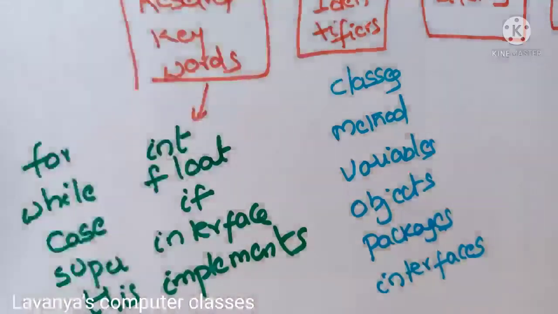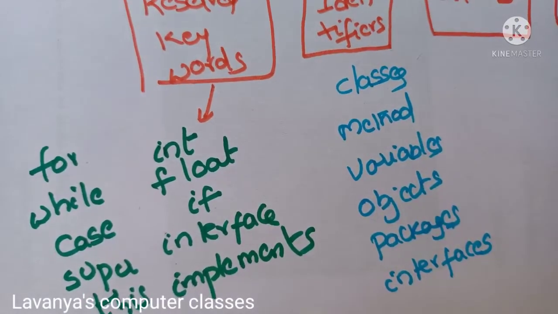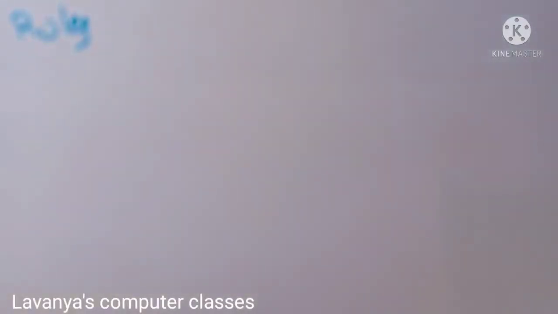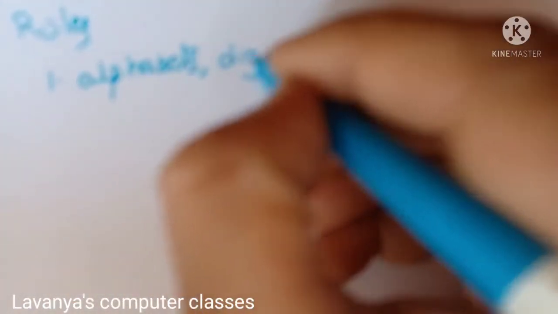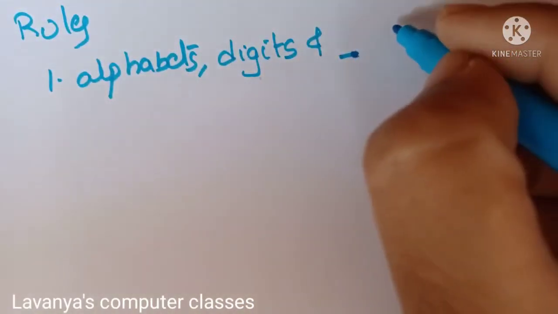For giving identifiers, you have to follow some rules. I will explain those rules now. The first rule is that identifiers can have alphabets, digits, the underscore symbol and the dollar sign.